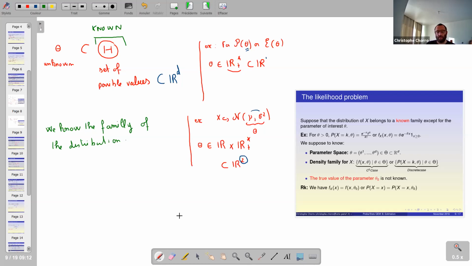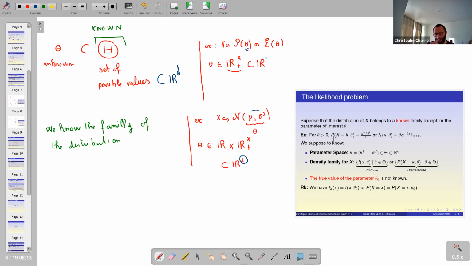What is the meaning of this? If I take my three examples here, in this case I know that my X is a Poisson. So I know all the related probability mass function. Even if I don't know theta, I know this expression for the probability mass function, and it belongs to this family here.